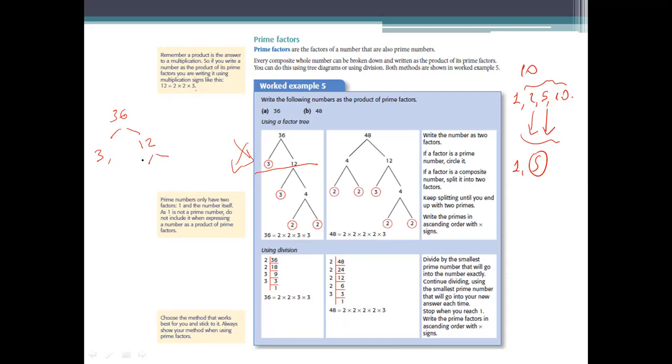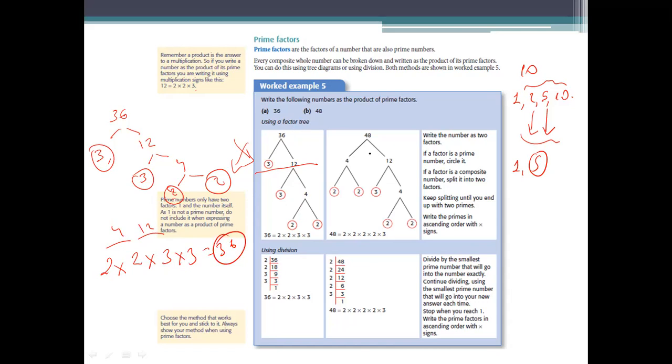And 12 is not a prime number, that's why we should also divide it into a pair, 3 and 4. 3 is prime, and 4 is not prime, it's even. 4 is divided by 2 and 2, so 2 is also a prime number. And the answer is 2 times 2, which is 4, times 3 is 12, times 3 is 36.